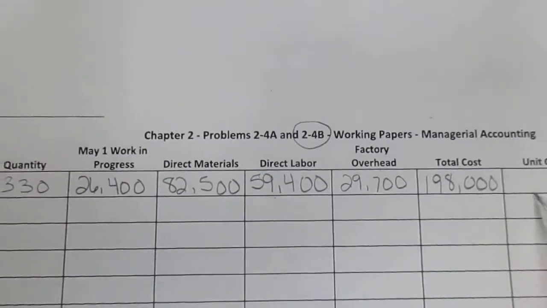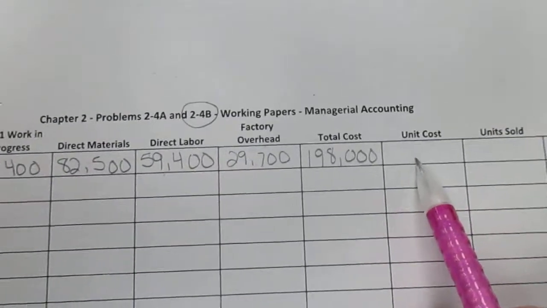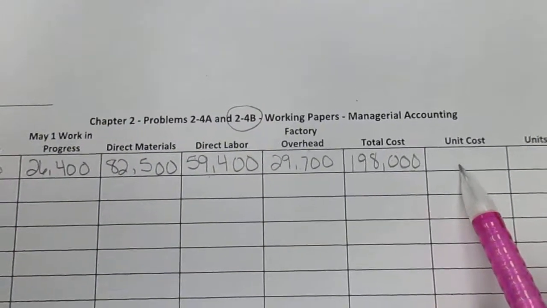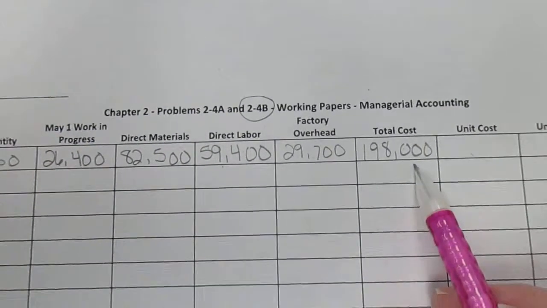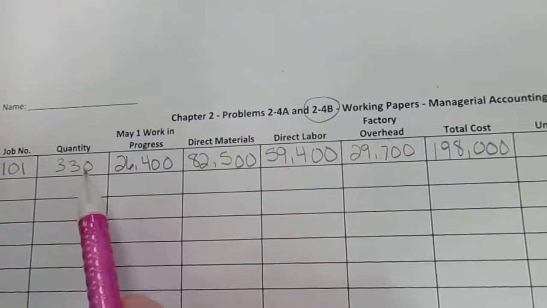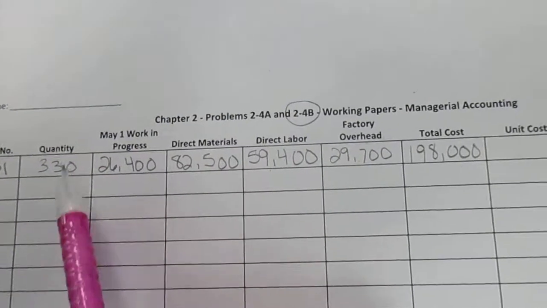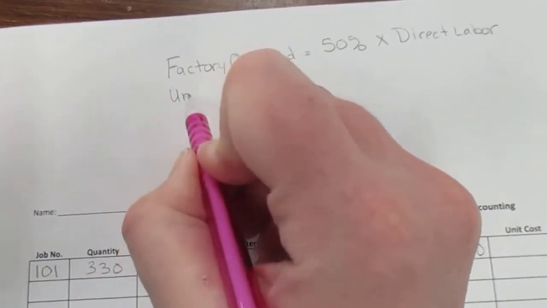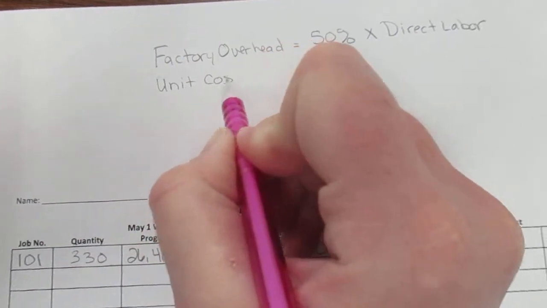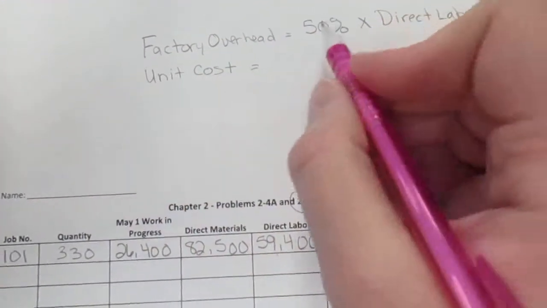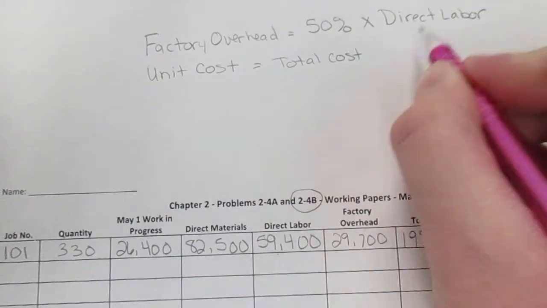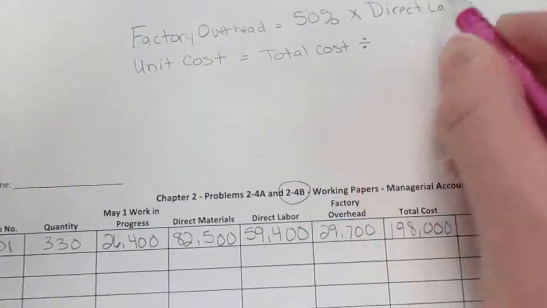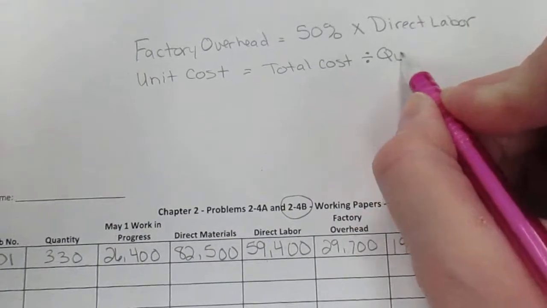Okay. Now, my unit cost over here to the right, we know that our total cost is $198, and we know that we had 330 units. So we're going to divide those numbers. So let me just jot that down up here so you have it. Unit cost equals your total cost divided by your quantity.